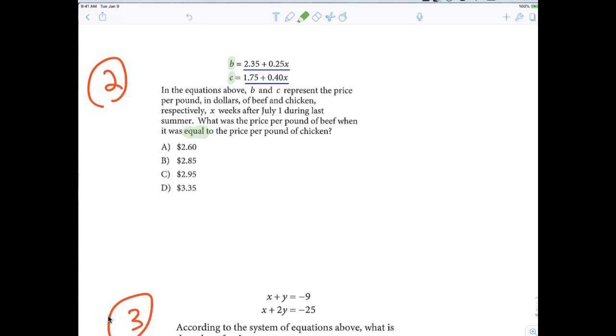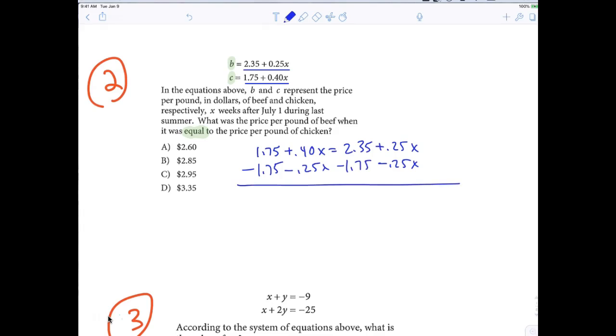So I want everybody to write down now 1.75 plus 0.40x equals 2.35 plus 0.25x. Everybody agree with that? And then we do what? Minus 0.25x. Minus 0.25x. Minus 1.75. Minus 1.75.